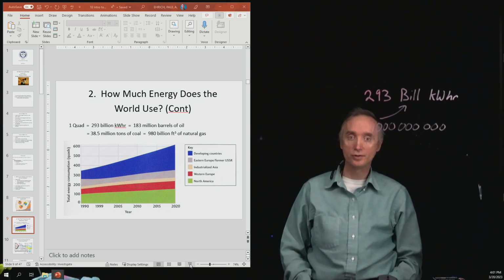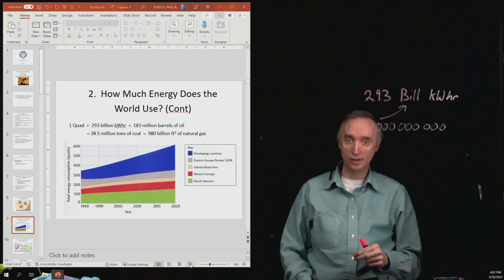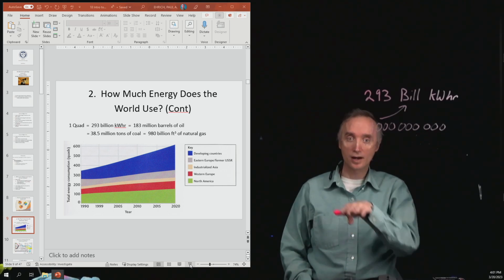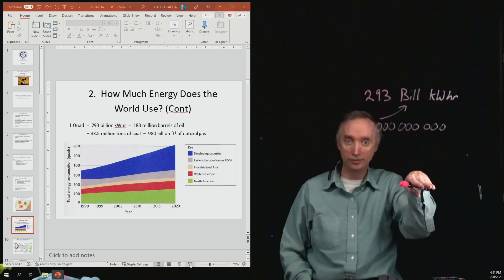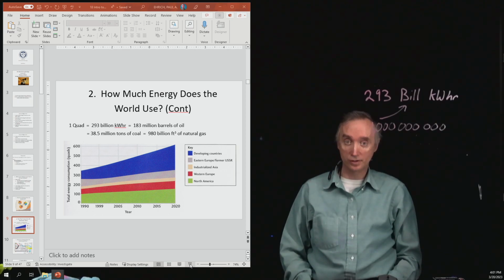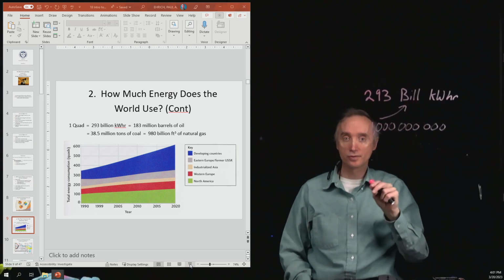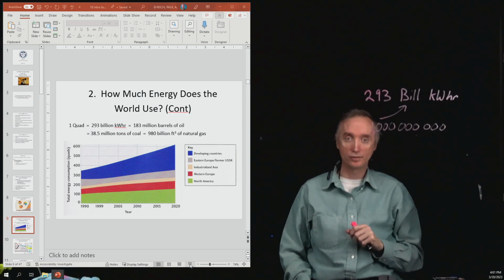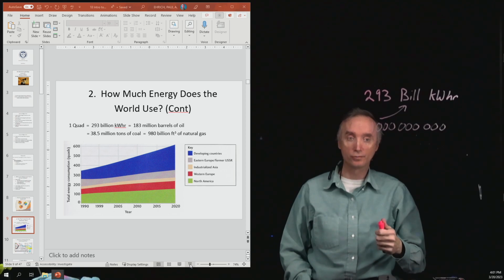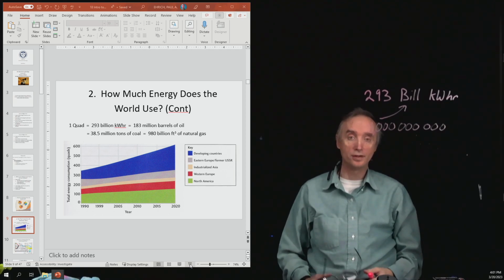What you'll notice is that most of the industrialized countries are leveling off in the amount of energy they use. However, the blue line, which is going up, represents the developing countries. They are using energy at a much greater rate in order to catch up with the developed countries.